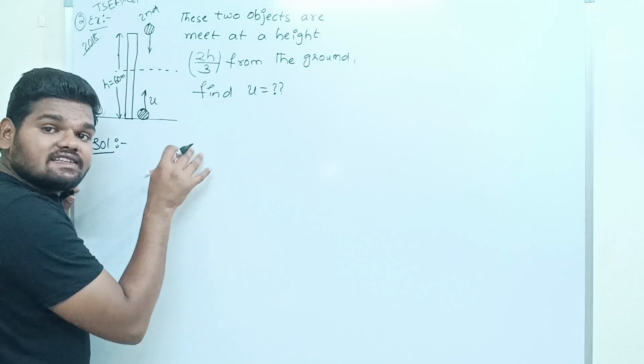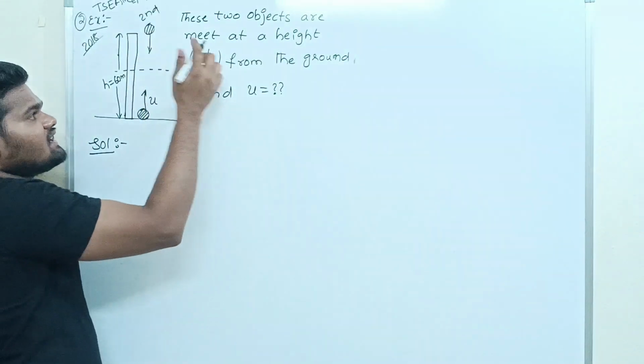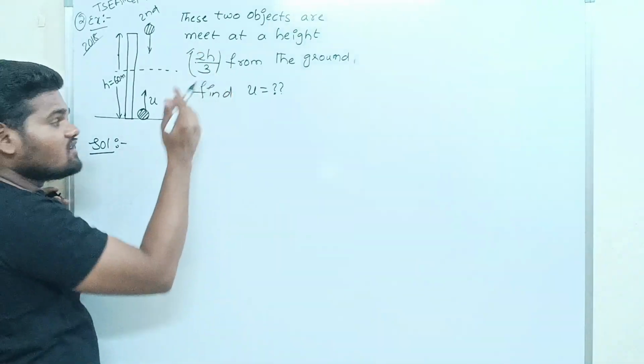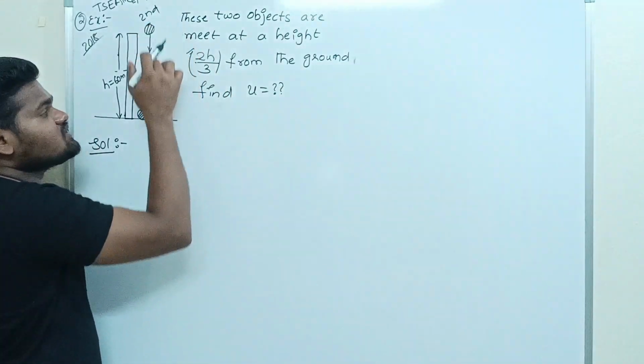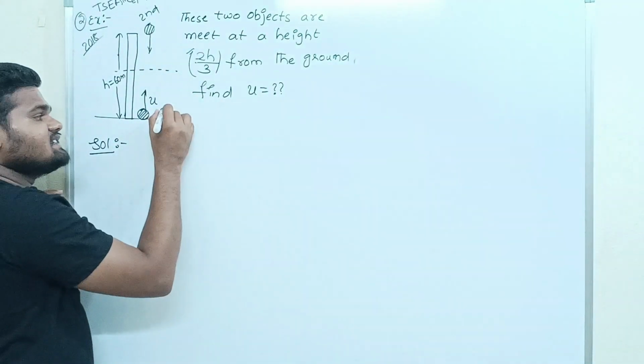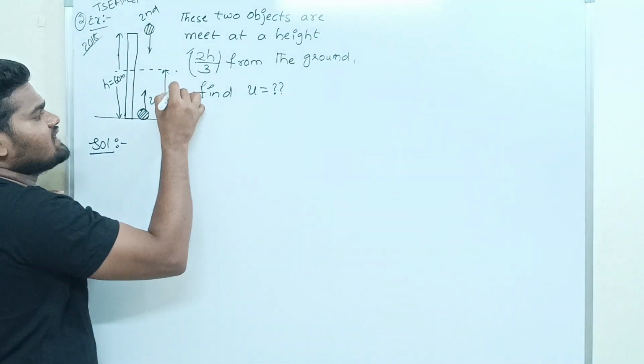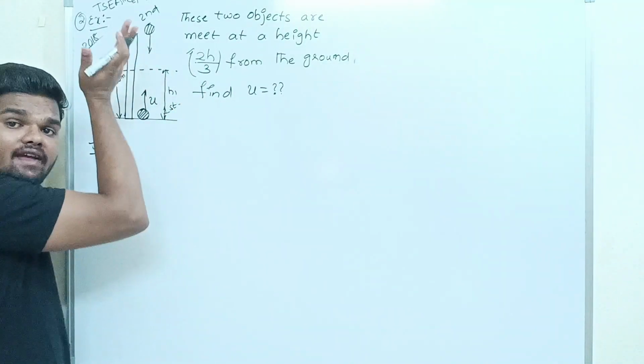One thing is clear from the given question: these two objects meet at a height of 2h by 3 from the ground. Is it clear? Let us consider this is the first body, and the height of this body, let us say h1. H1 is the height traveled by this body in upward direction.